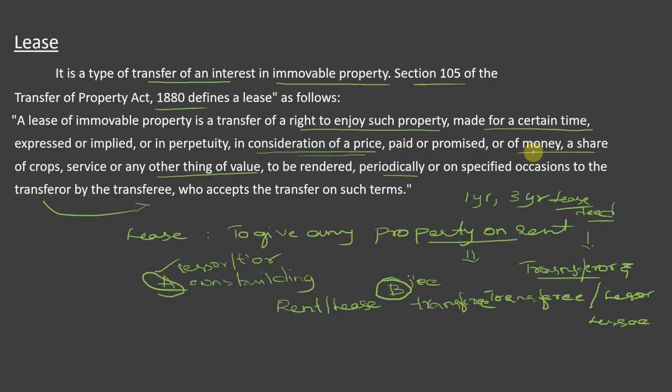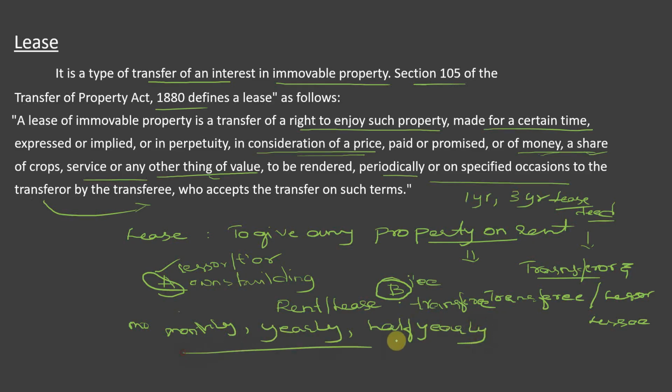It can be in the form of money, a share of crops, service, or any other thing of value to be rendered periodically or on specified occasions. The consideration shall be paid by B to A periodically, that is monthly, yearly, or half yearly.